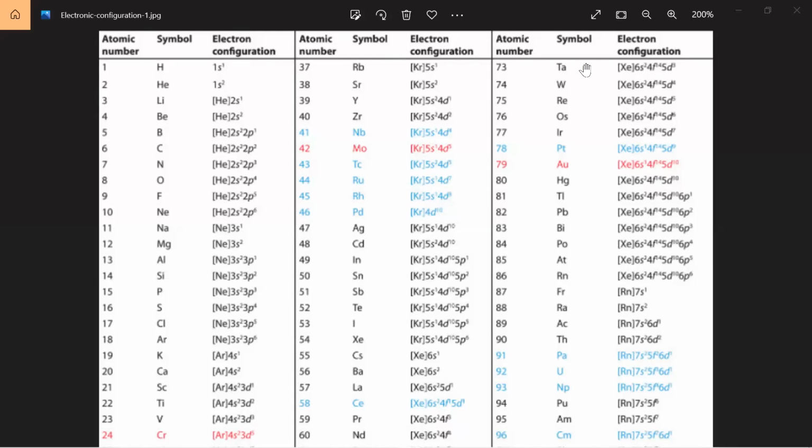Please don't get scared looking at this. So for example, carbon is being written as 1s2, 2s2, 2p2.